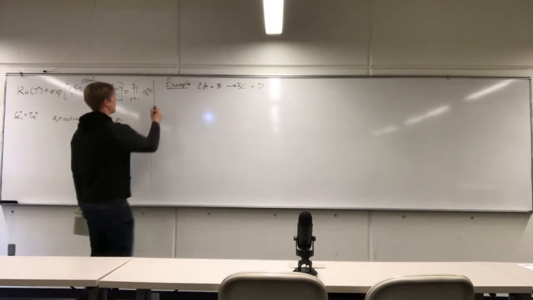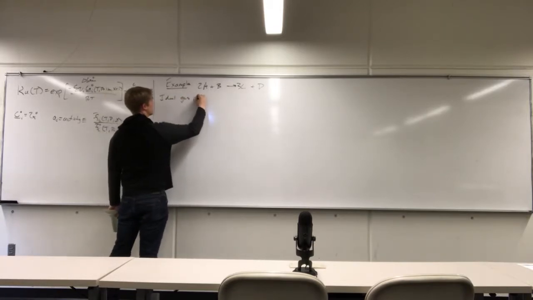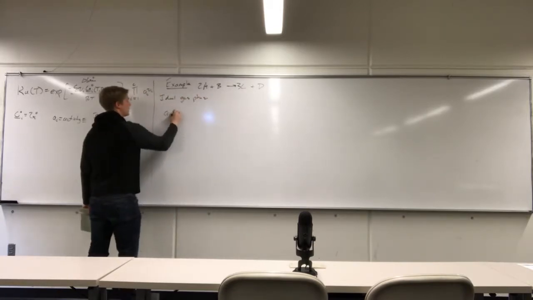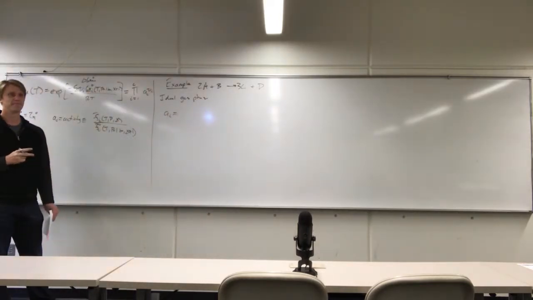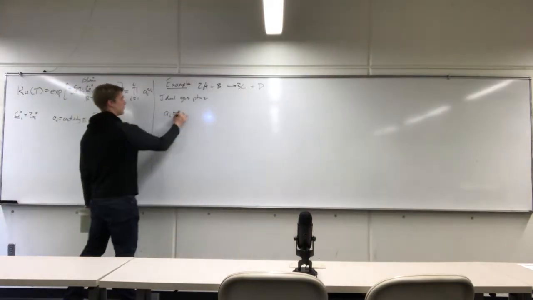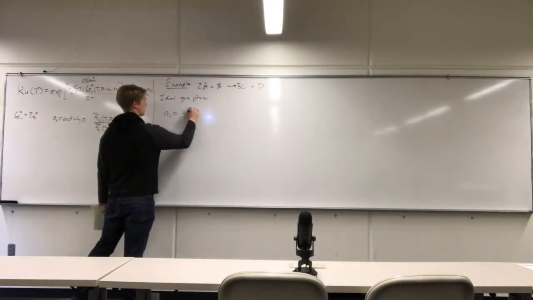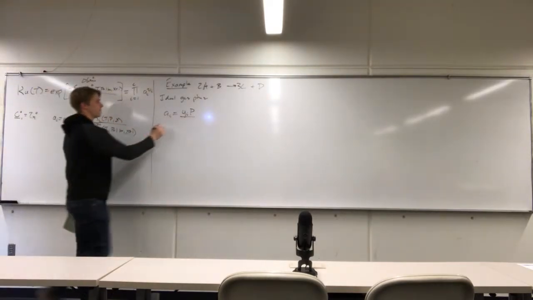We'll say this is an ideal gas phase reaction, in which case the activity is going to be equal to what? Partial molar fugacity of i, which is y times P, right? Okay. y_i times P. That's going to be the numerator. What's the denominator? 1 bar.